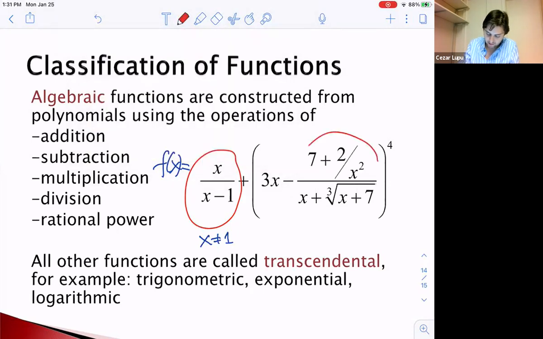Let's see what it is. Oh my. On the top, we have the sum of a constant, 7 plus 2 over x squared. We have seen this. This is a rational function again.